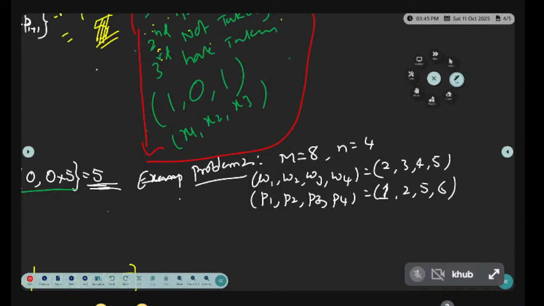Note down this second problem. There is a bag, capacity is 8 units, 4 items, 4 item weights and profits respectively.